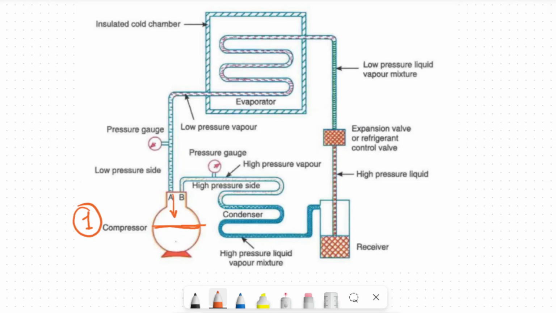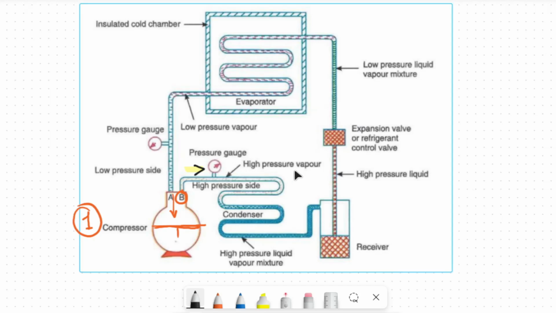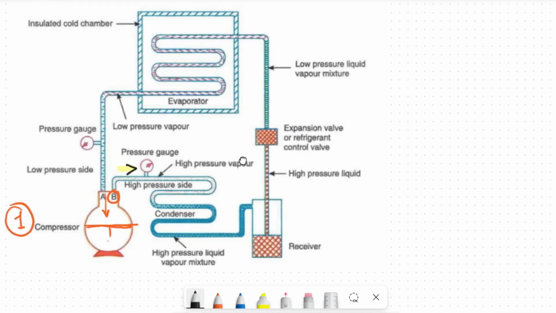So, the refrigerant enters, it will be compressed, and at point B, it leaves the compressor. So here you can see this. This is the high pressure line. There is a pressure gauge which we can install to measure the pressure. So the refrigerant which is leaving the compressor is at high pressure and high temperature.